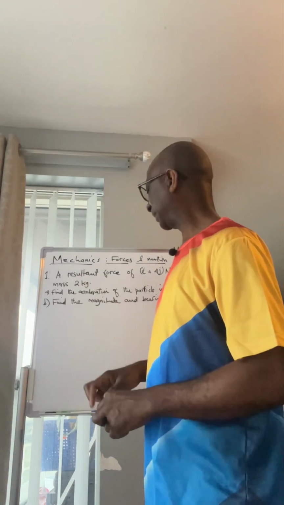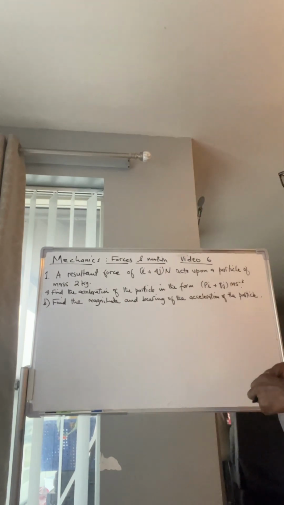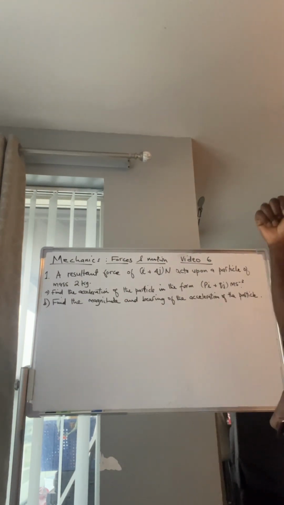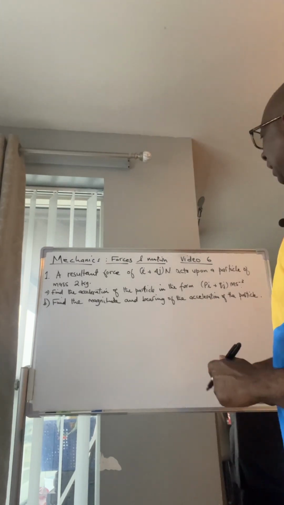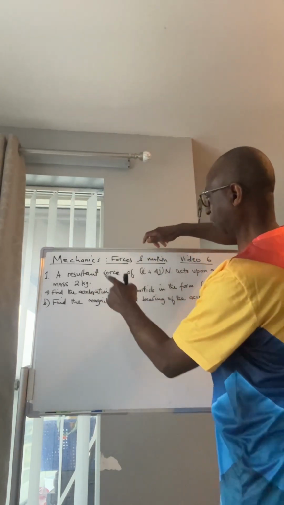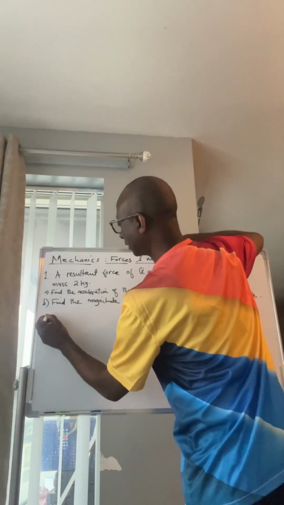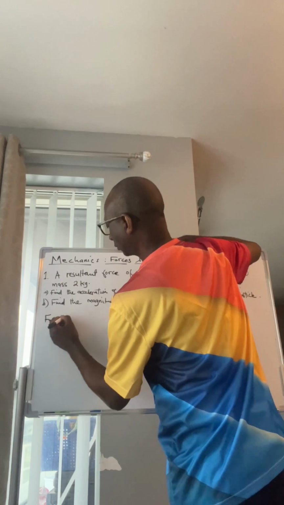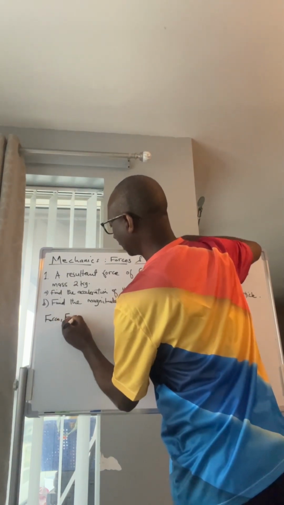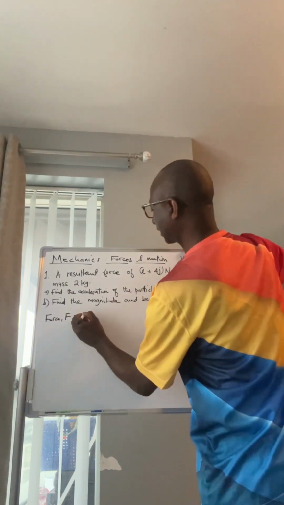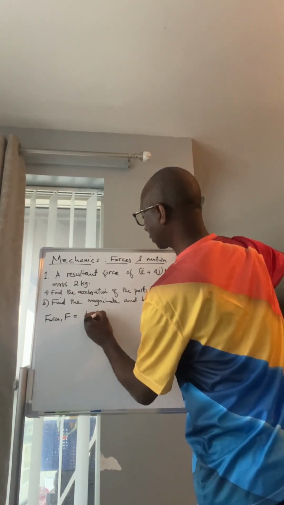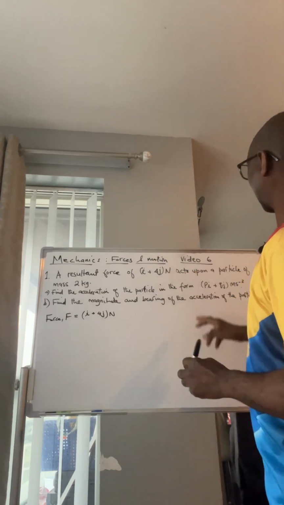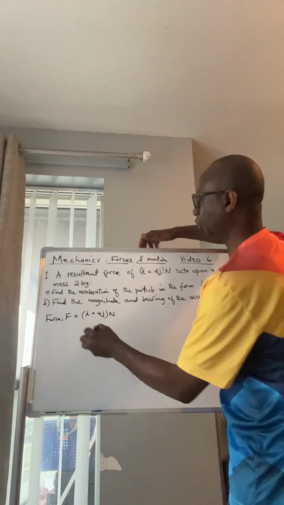Part B says find the magnitude and bearing of the acceleration of the particle. So let's see. Here we have a resultant force, let's say this is force F, equals i plus 4j newtons, acting upon a particle of mass 2 kilograms.